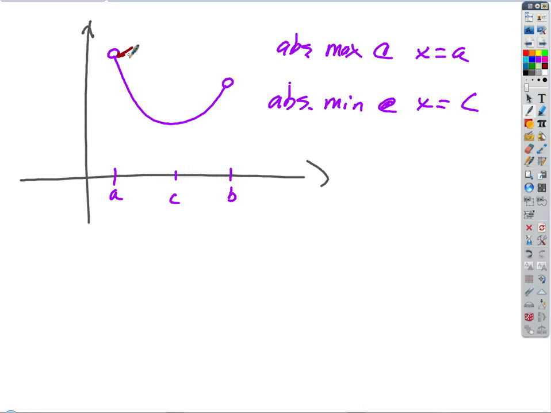Because if I'm walking towards the door and I want to pick the closest point to the door without being at the door, couldn't I just increase the power of my microscope and find an infinite number of points still between that and the door, always? And so what do you think that tells you about the existence of an absolute maximum? There isn't one. It doesn't exist, does it?